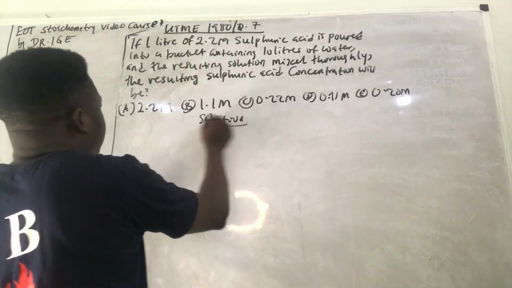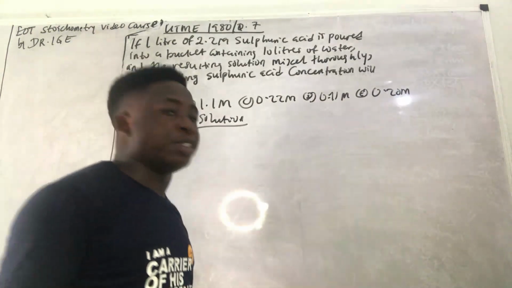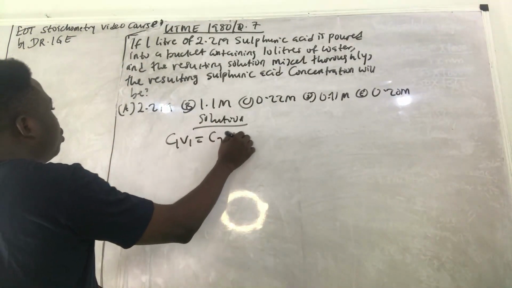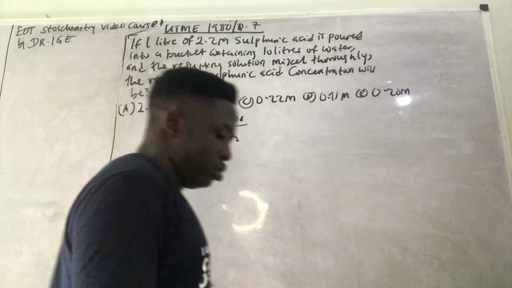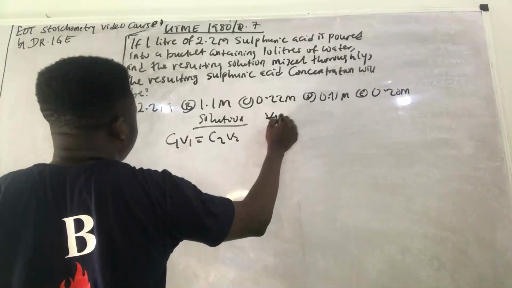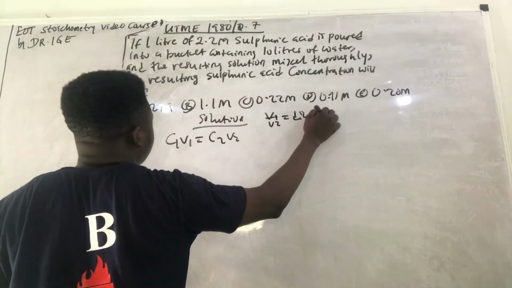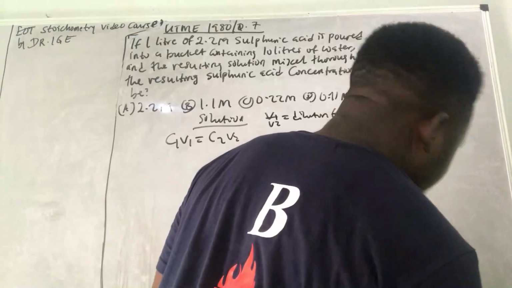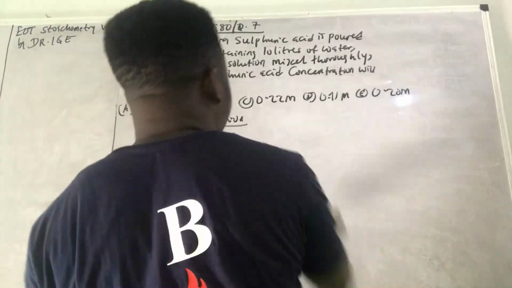Now this is not any rubbish. This is actually the dilution formula method: C1V1 equals C2V2. Remember that I said V2/V1 is the dilution factor, right? So that one does not really concern this question.